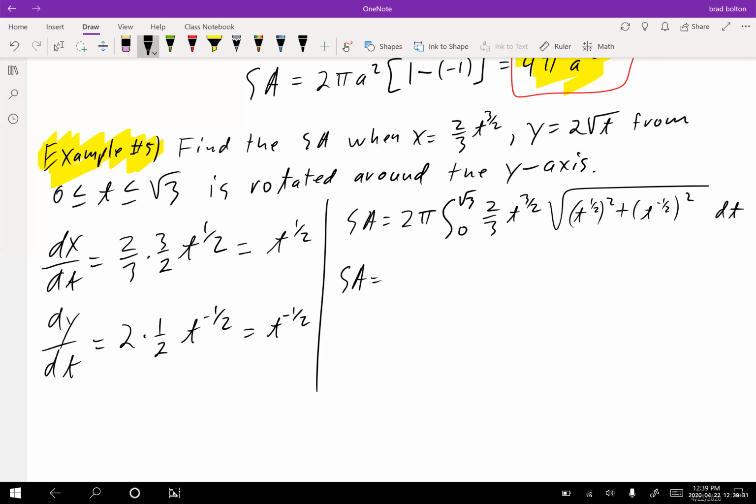So surface area equals 2 pi times the integral from 0 to the square root of 3. I'm going to take that 2/3 out right now too. This will be 4/3 pi times the integral of t to the 3/2 times the square root of t plus 1 over t dt.